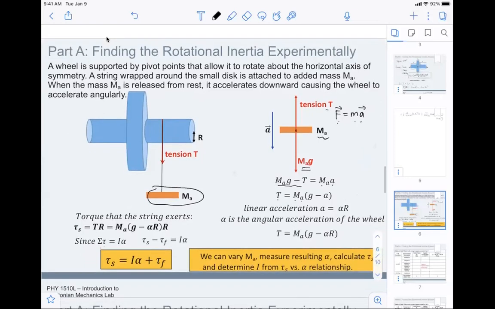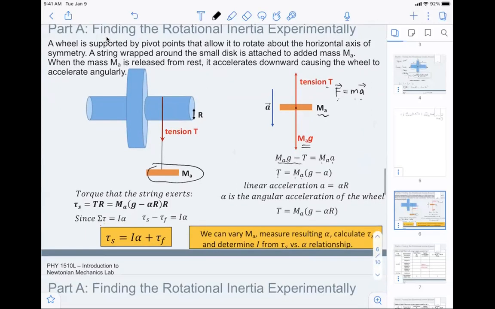But to relate that to the rotation of the wheel, that is a part we haven't talked about yet. So let's go through that part again. You can see that there is a relationship between the linear acceleration of the mass going down and how fast the wheel rotates. They are connected by the string, right?